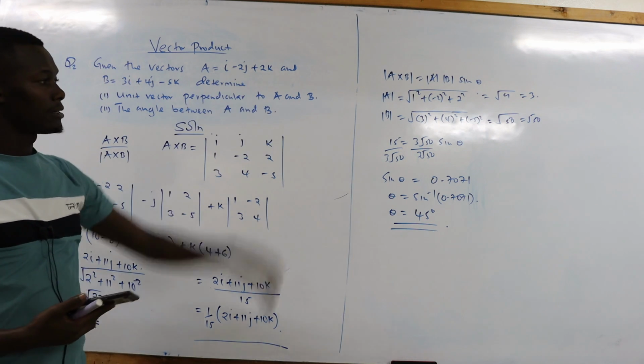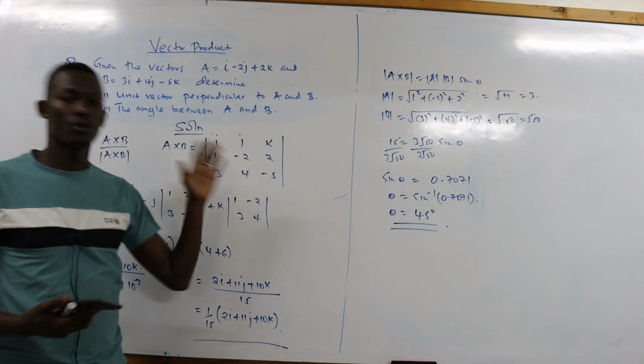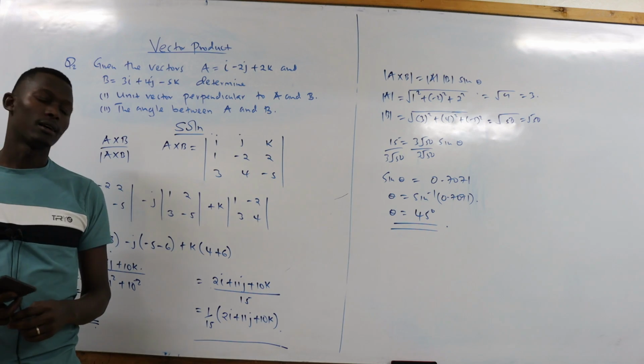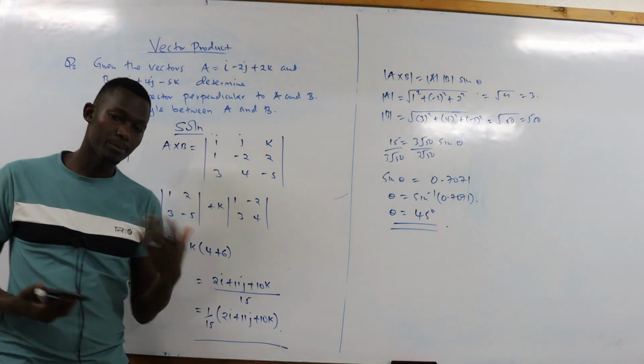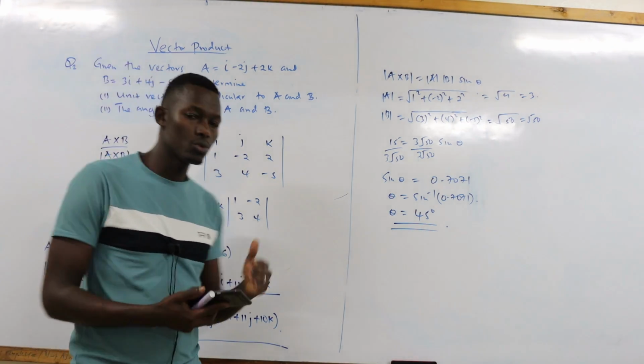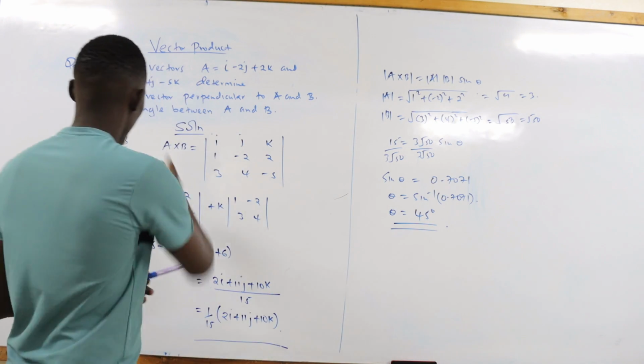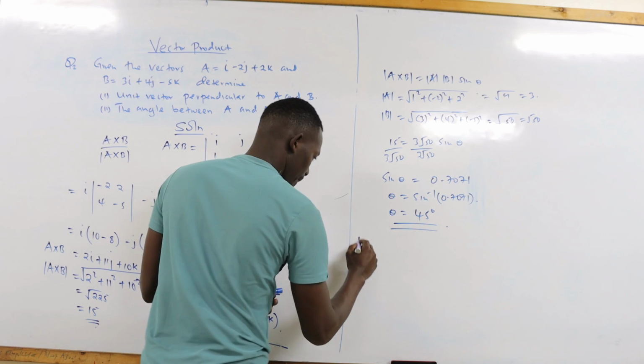Now, there's something else that will come from something we call the cross product, and that is the area that has been spanned by two vectors. So the area of a triangle, maybe I can add it as 3 here.